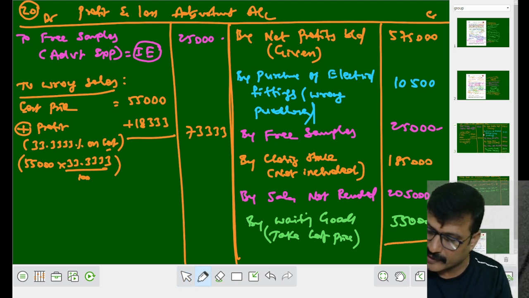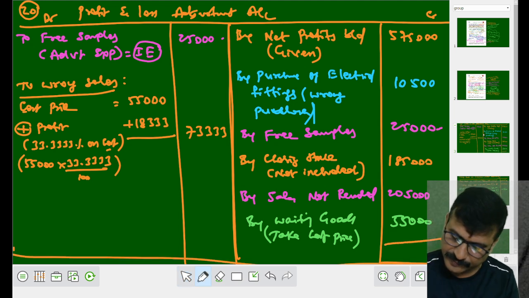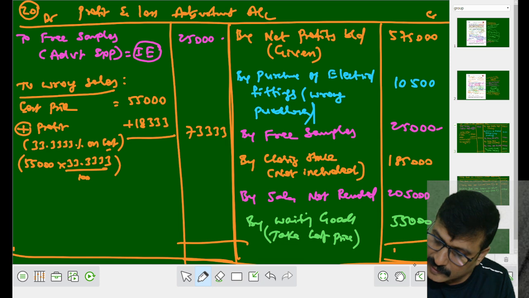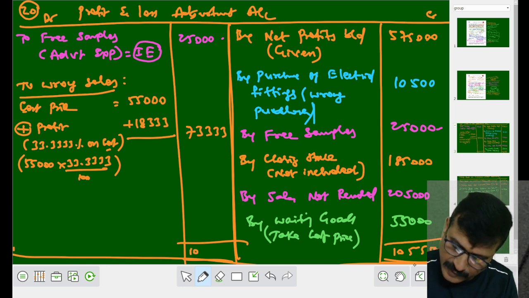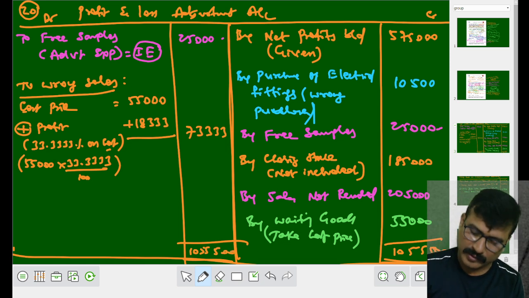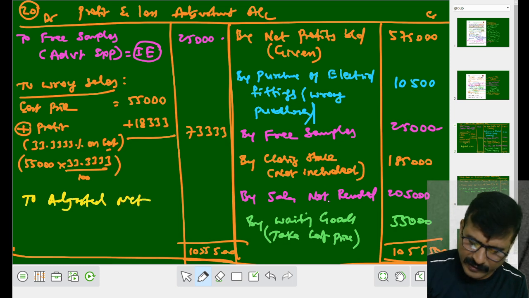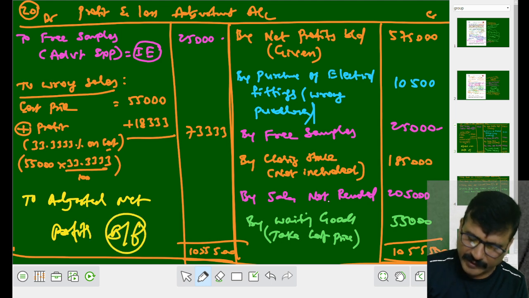Okay, now my dear student, you close it off. Credit side total is more, it comes to 10,55,500. 10,55,500 comes. Now there is a difference, do you know what that difference is called? To adjusted net profit, as a balancing figure.